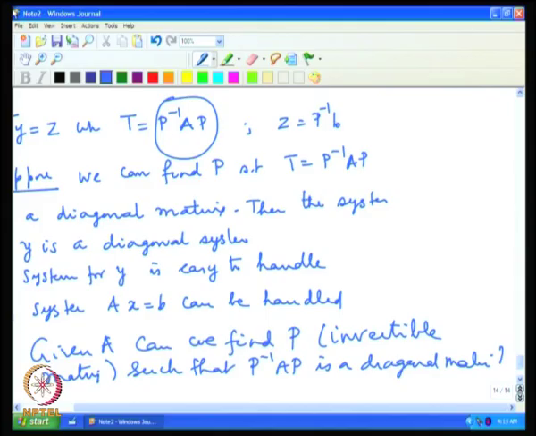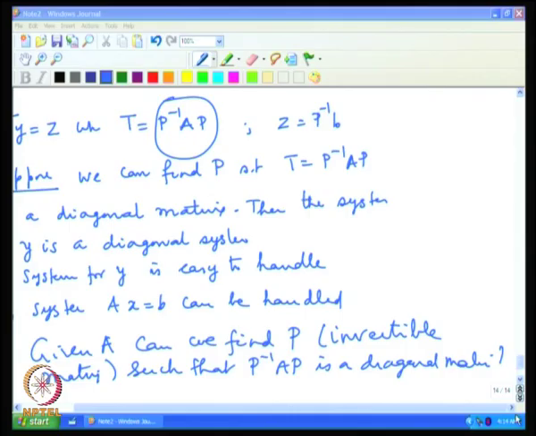Now, we shall see with a few examples that these diagonalization questions create certain problems, namely that not all matrices can be diagonalized, and hence this process of converting a general system of equations to a diagonal system may not always work.